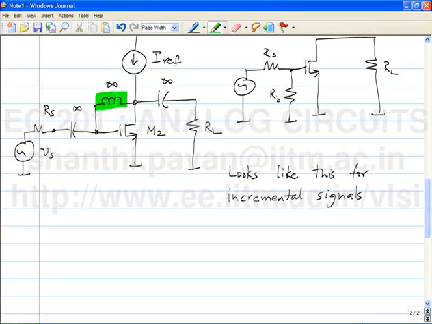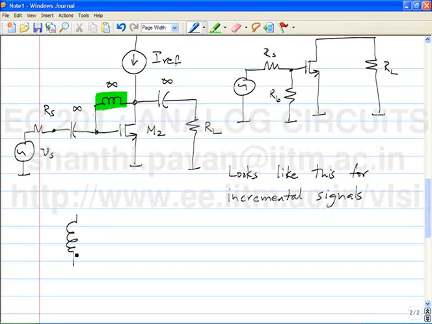What is the DC current flowing through the inductor? Why is the inductor current 0? The inductor is a short circuit and no current flows through the gate. So the inductor current is 0. So when the inductor current is 0 and it's an infinite inductor, it is equivalent to a current source of value 0.